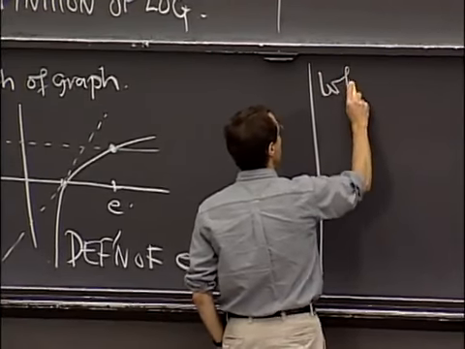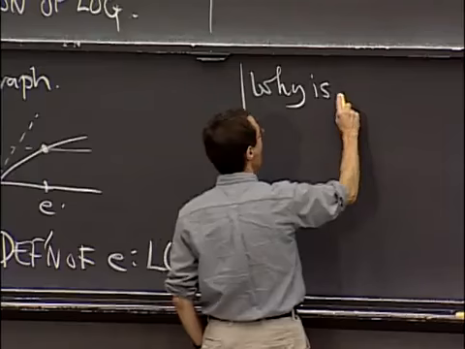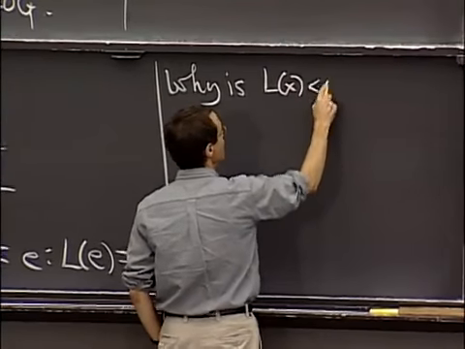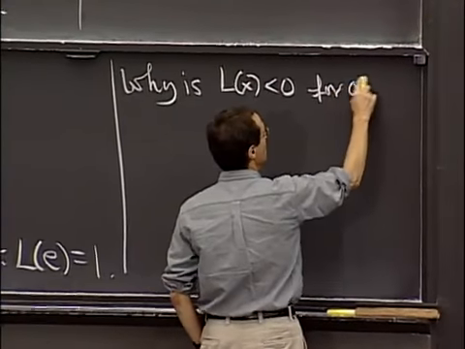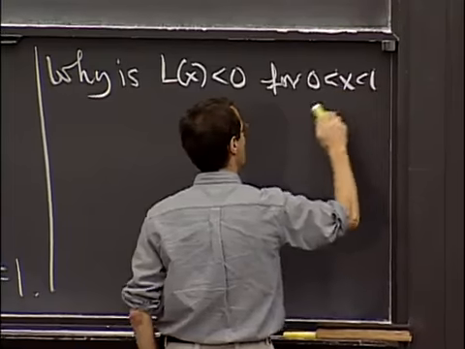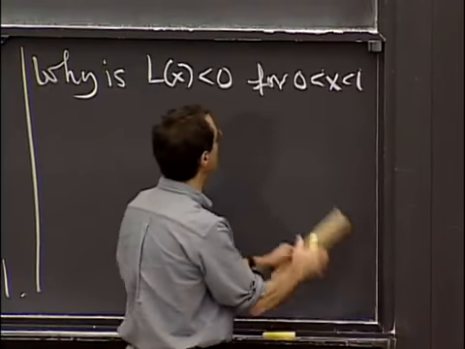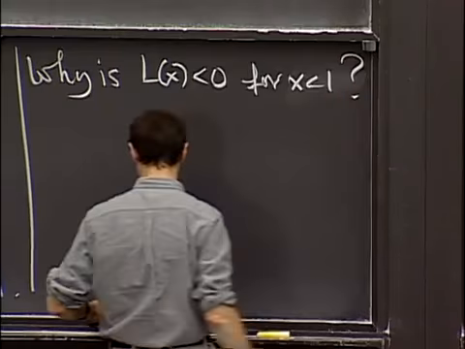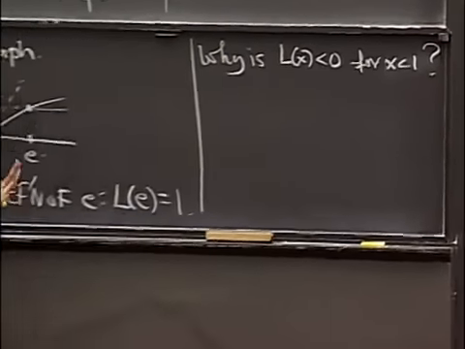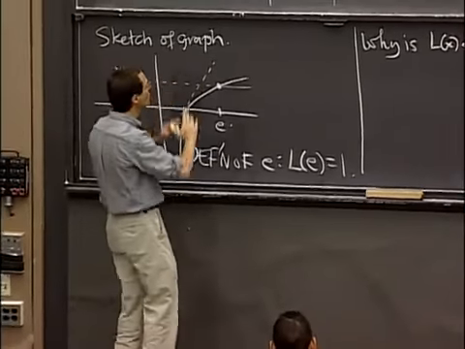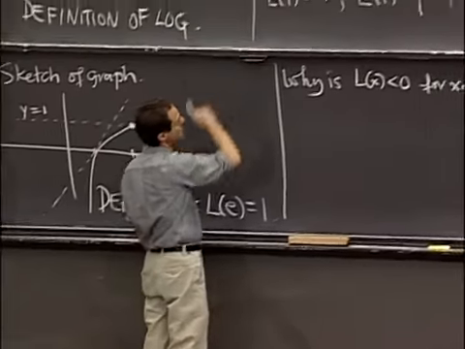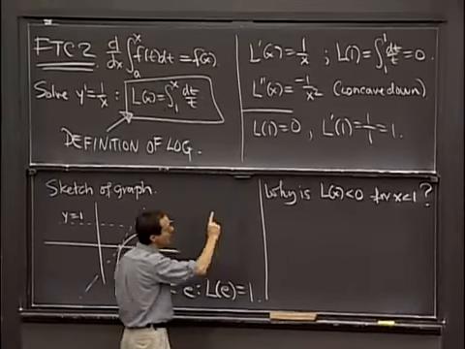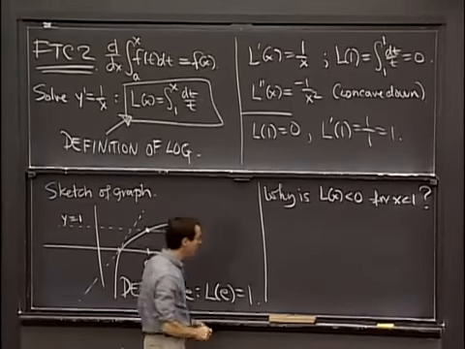So I just want to remark, why is L of x negative for x less than 1? And I want to give you two reasons. Again, we're only working from very first principles here, just the property that L prime is 1 over x and L of 1 is 0.